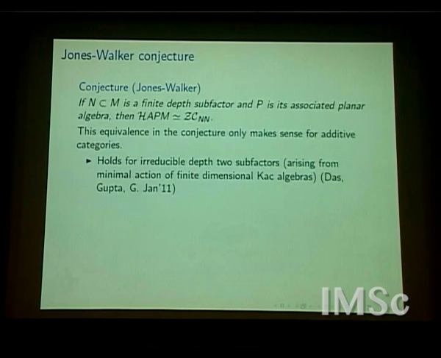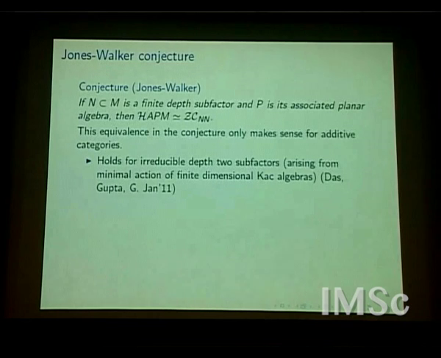Irreducible depth 2 subfactors are basically those subfactors which come from the minimal action of a finite dimensional Kac algebra. It is just a little bit of generalization from the group case. Okay. But then what we did is, instead of irreducible depth 2, we asked whether it works without the irreducibility. So, we went to Paramita's thesis and we were trying to play around with the pictures, and it was really nasty calculation, and it turns out that even without irreducibility the conjecture is true.